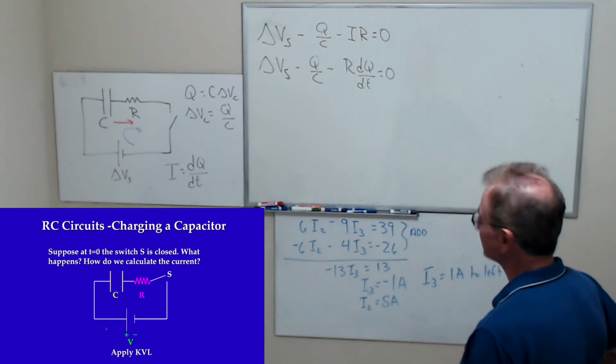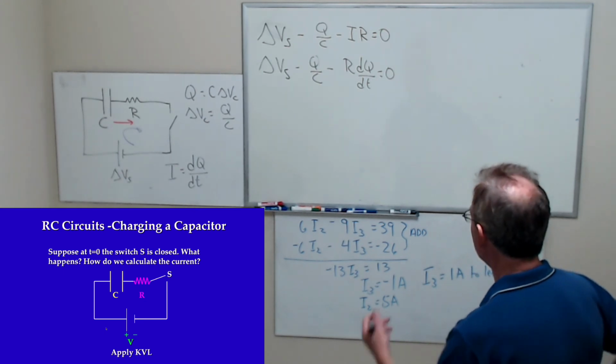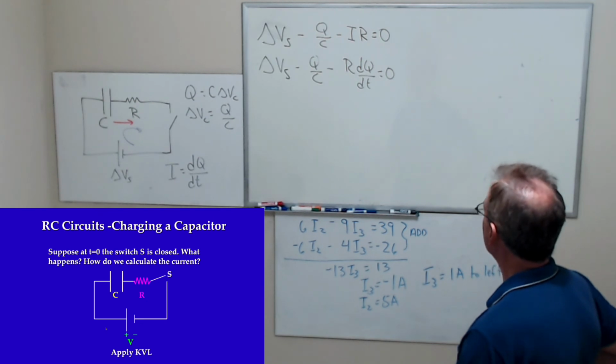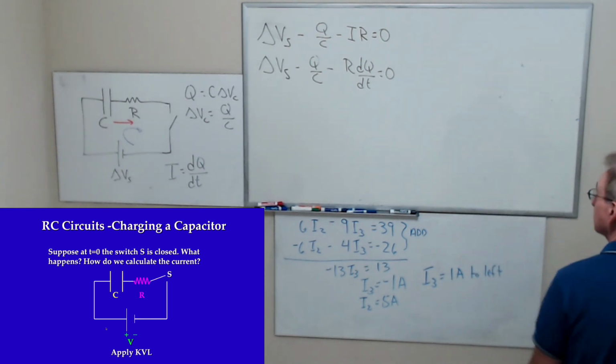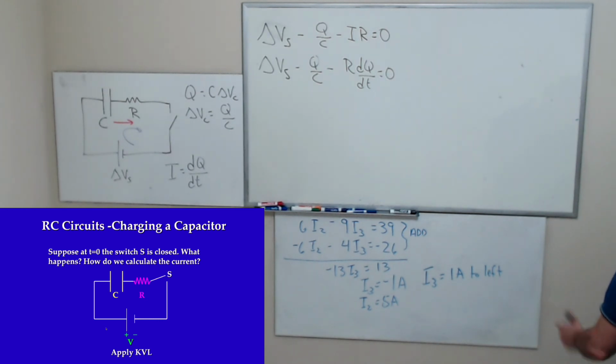So now everything is in terms of Q. Q is what I want to solve for. Q depends on time. R is a number. V sub S is a number, and C is a number, right? R and C are just quantities that depend on geometry.